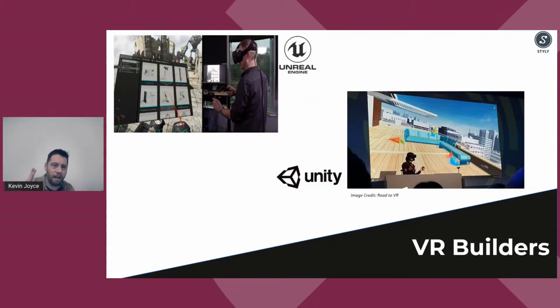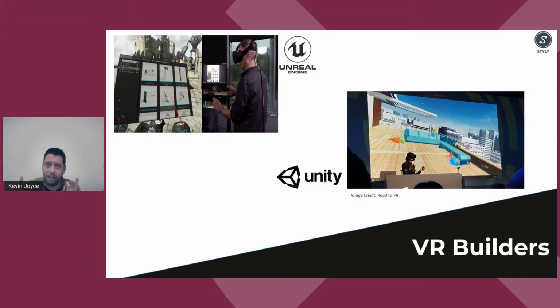The likes of Unreal Engine and Unity were at one time building their own no-code solutions, which were literally just drag and drop interfaces. In Unreal Engine, it was called the Unreal Engine VR Editor, and in Unity, I think it was literally just called the Unity VR Builder, if I'm not mistaken.